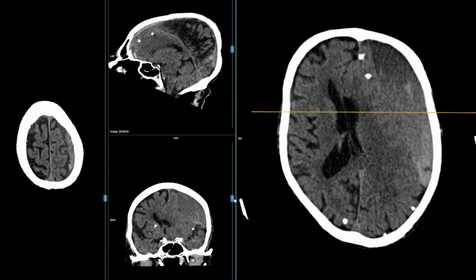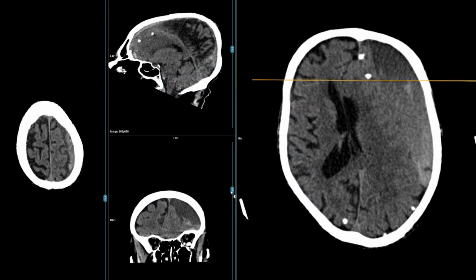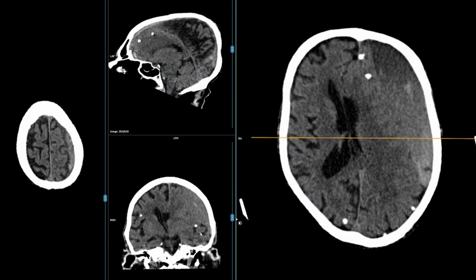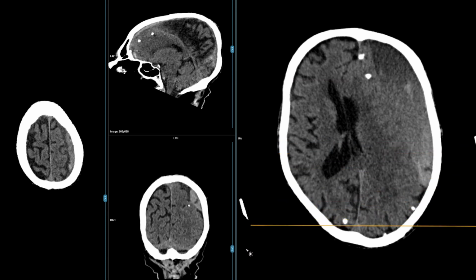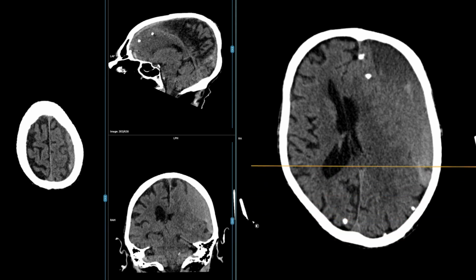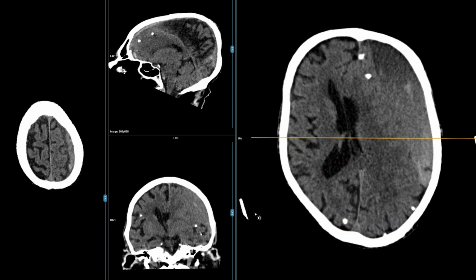It is extending from the frontal regions all the way posteriorly to the parietal regions and almost occipital. Furthermore, we can see that it has squashed the left lateral ventricle, shown here.